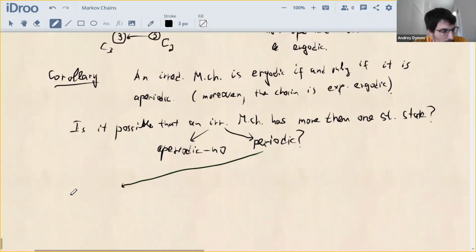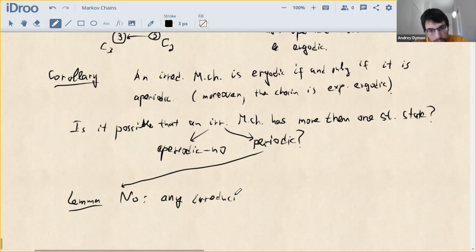So this is like a lemma or theorem, as you wish. Any irreducible Markov chain has a unique stationary state.